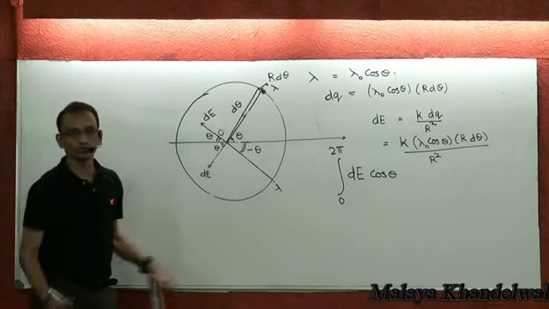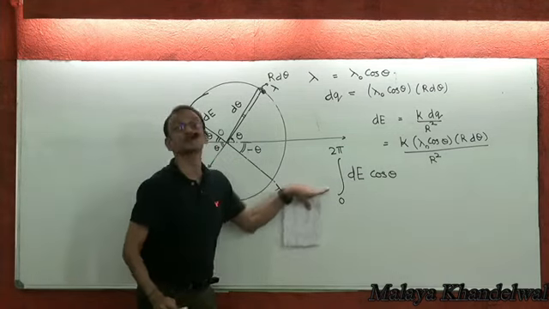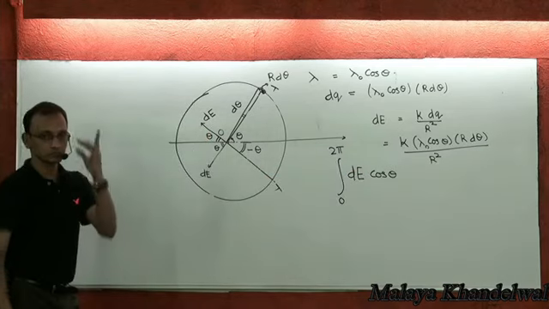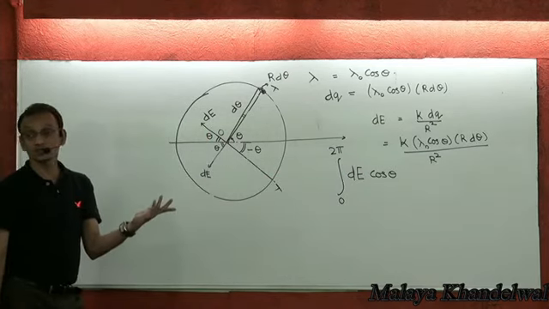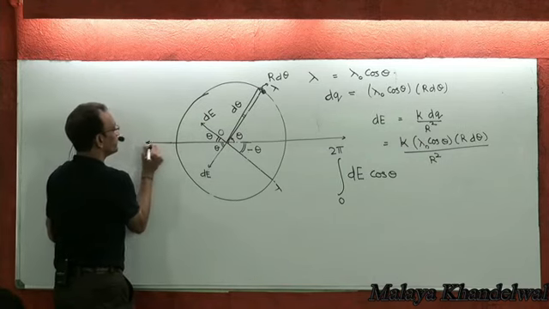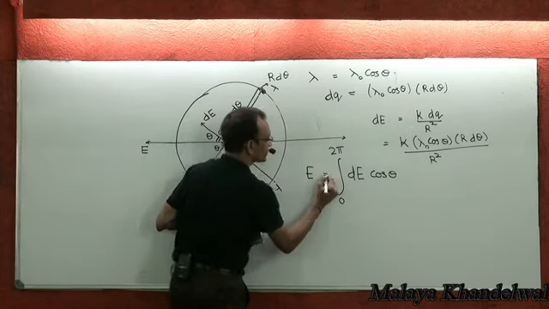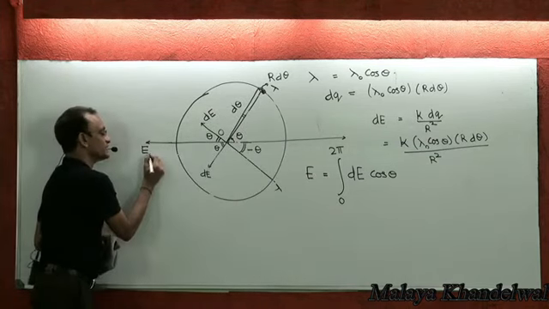If I said theta equal to 0 to pi, then I would take 2 dE cos theta. This is it. And the net electric field, therefore, is E this way. That's the E net.